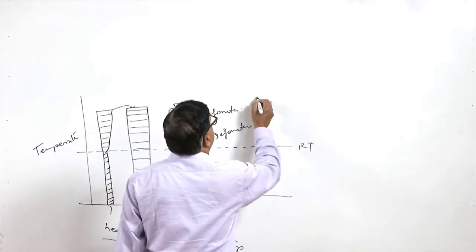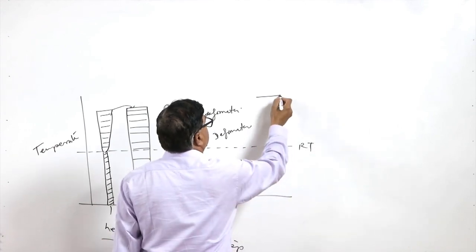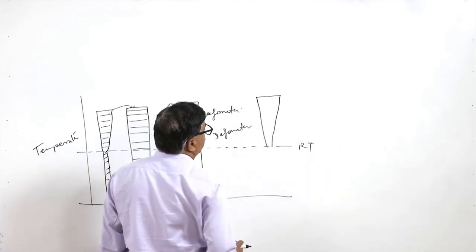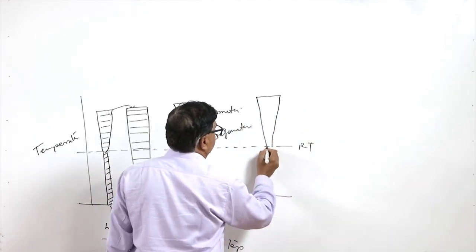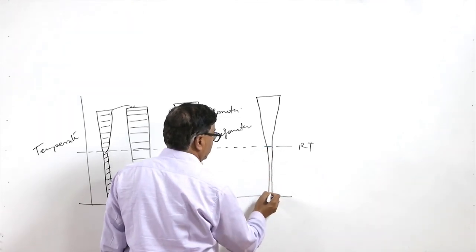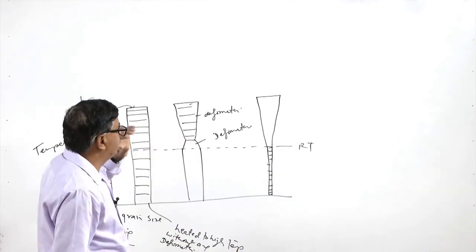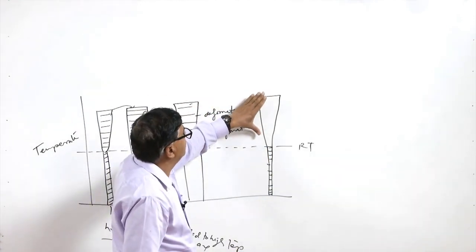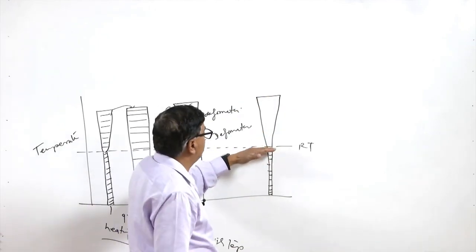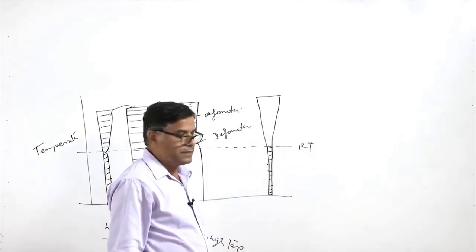Now, we will see the third case when the deformation is stopped just at the recrystallization temperature like this. In this case we will have very fine grain structure and thereafter it is allowed to cool, so that there is no change in the grain size. This is the best situation, and efforts are made to deform the metal after heating in such a way that the deformation is stopped not above the recrystallization temperature, but just at the recrystallization temperature.